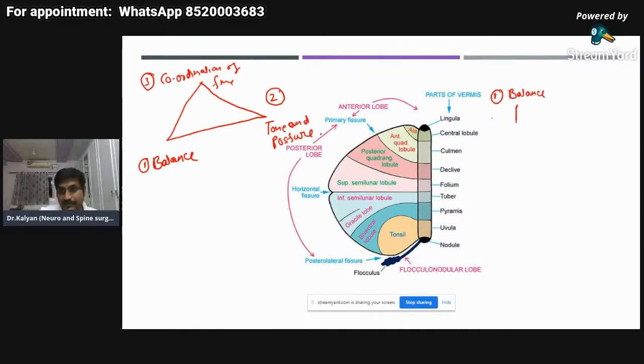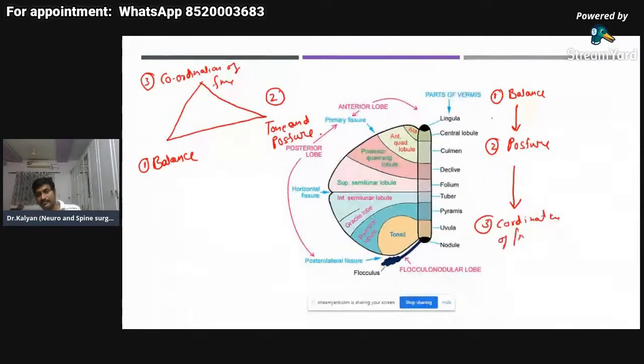The second function to develop is tone and posture. And the third, which evolves latest in evolution, is coordination of fine movements.